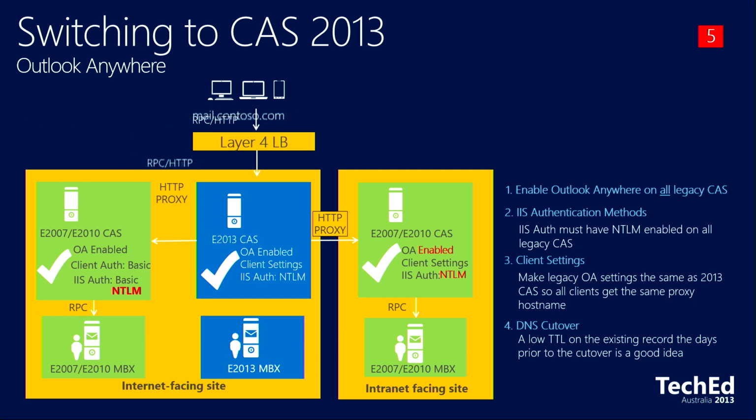And then for DNS cutover, as I mentioned, because the switch over to the new namespace is really just a DNS change, it's a good idea a few days before you do the migration to lower the TTL if you haven't done so already. What do we mean by low? 5 minutes, 10 minutes, 15 minutes, something much less than a day, so that all clients pick that up very quickly.